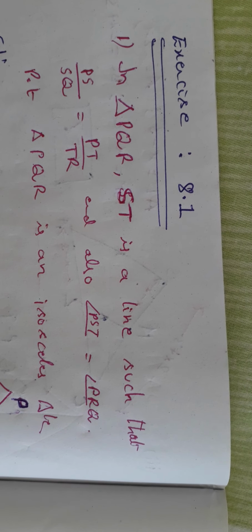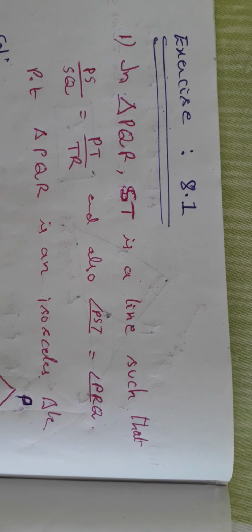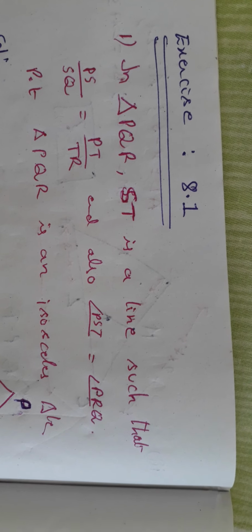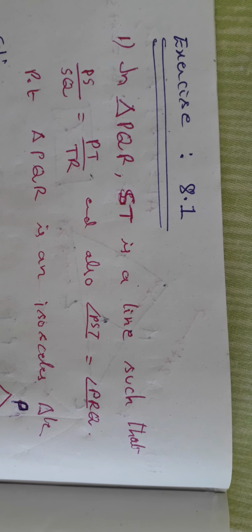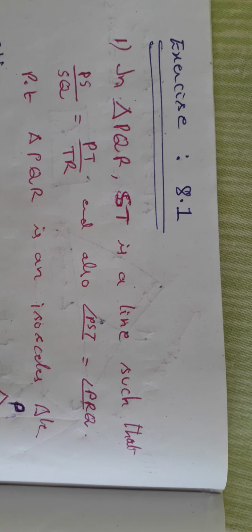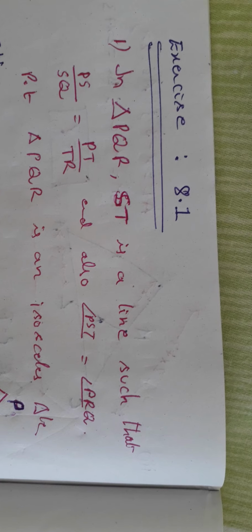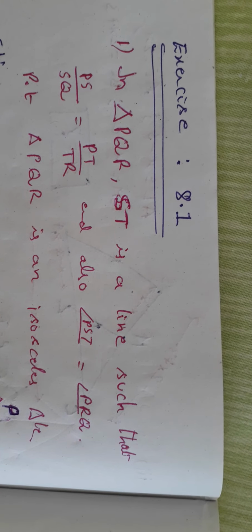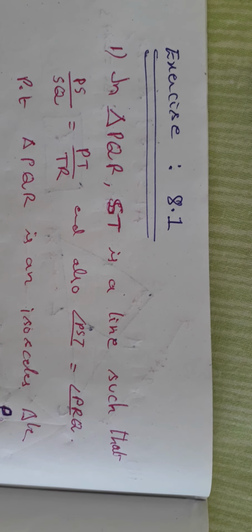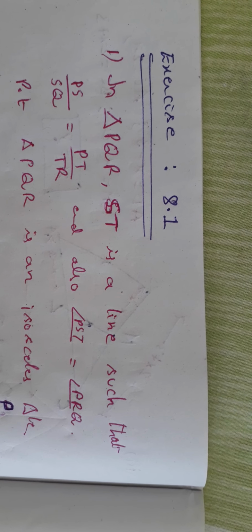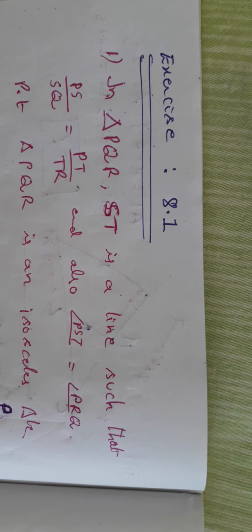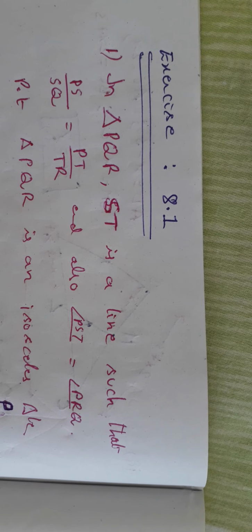Right? From converse of basic proportionality theorem, whenever a line is touching the two other sides of the triangle in such a manner that it divides the sides in equal ratios, then that line must be parallel to the third side. So, from converse of basic proportionality theorem, you can say that. Right? And also angle PST is equal to angle PRQ.